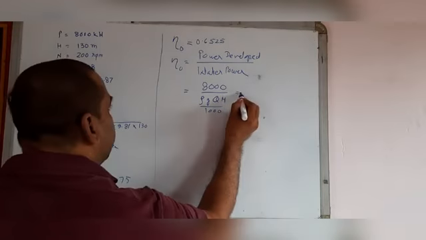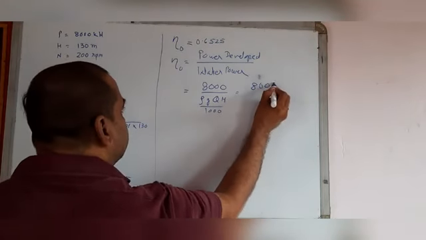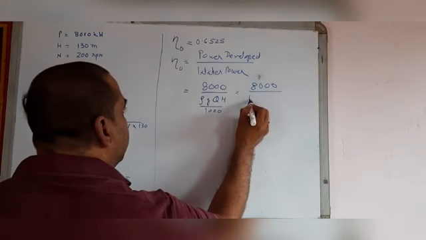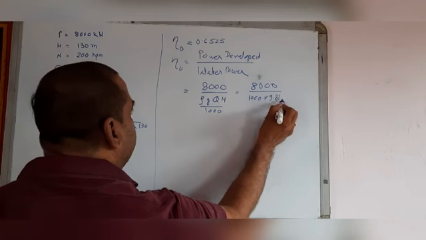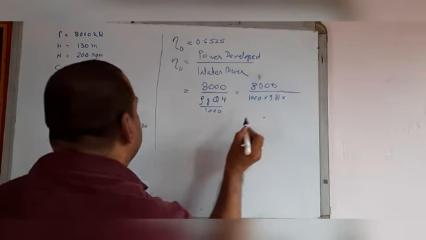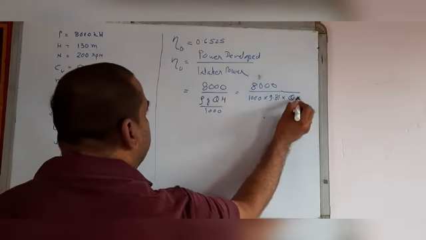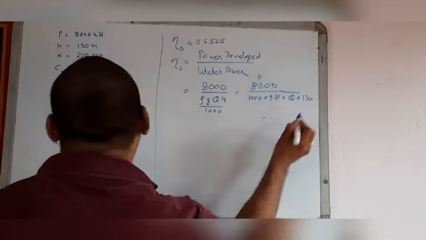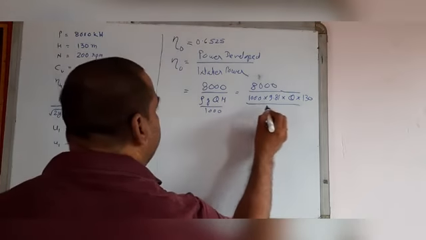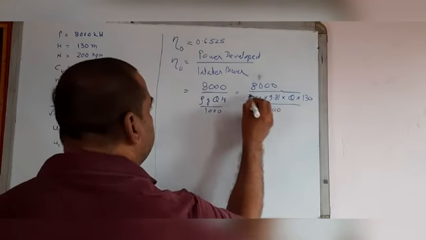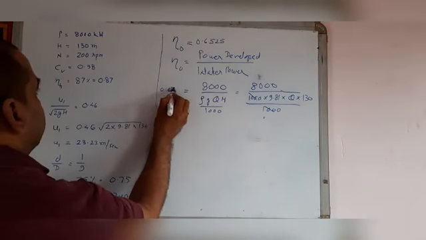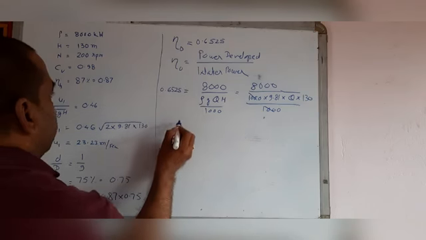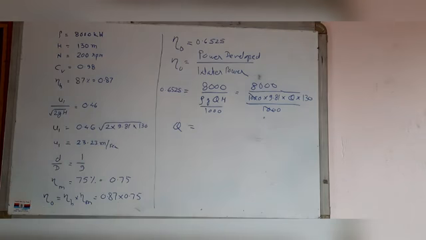Putting the values here: 8000 by rho is 1000 for water, g is 9.81, and Q we have to find out, and this H is 130, divided by 1000. Cancelling this 1000, this is 0.6525.